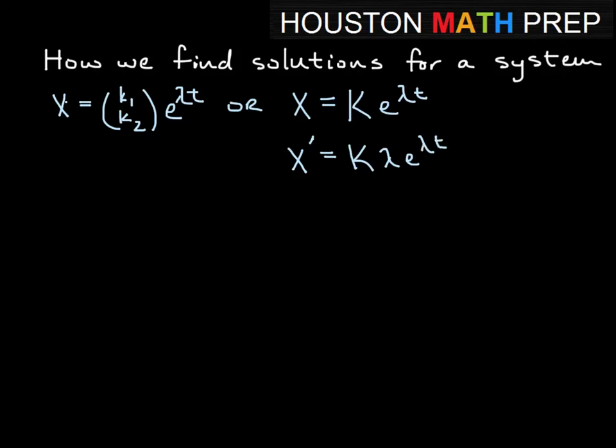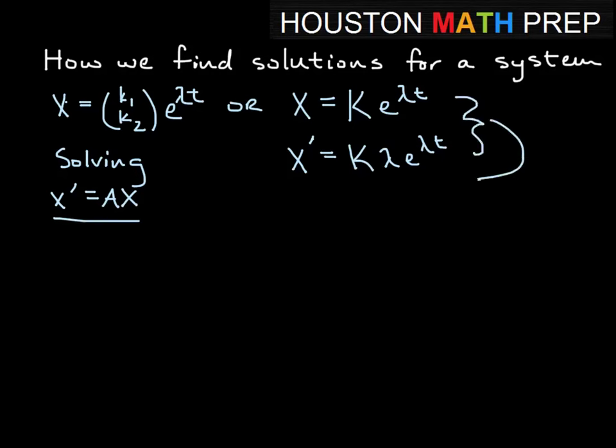And remember, we are actually solving an equation of the form x prime is equal to A times x. So we have our derivative column vector equal to the coefficient matrix times the vector with the variables in it. If we take this information and plug it in over there, think about what that's going to give us.